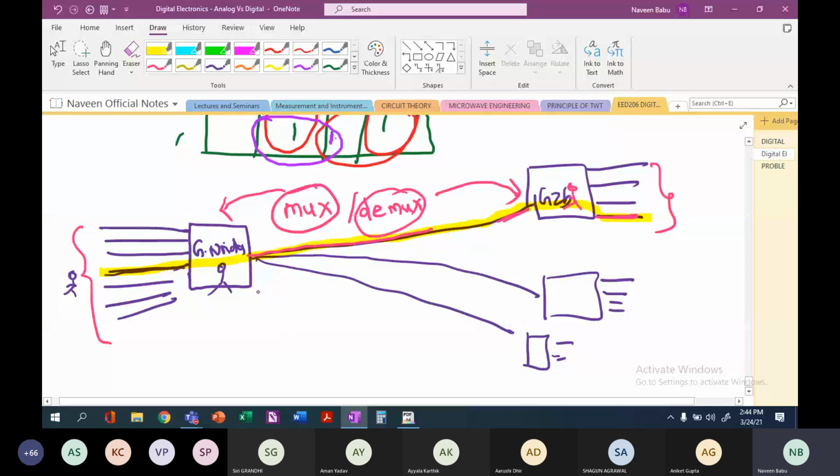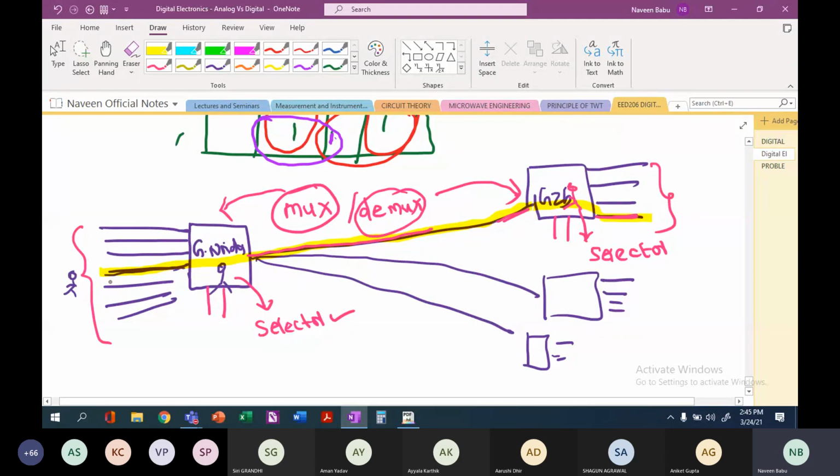So this person who is sitting here acts as a selector, right? Instead of a person, let me call him a selector here. Similarly, this person here, instead of a person, I am going to call a selector again. What is the function of this selector?